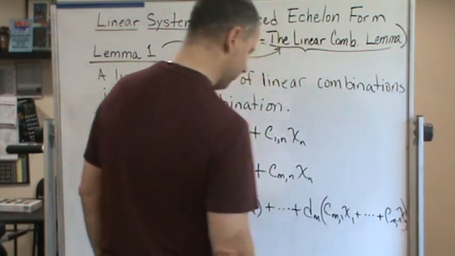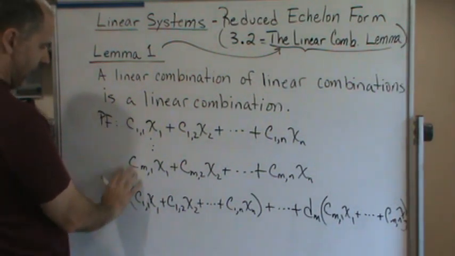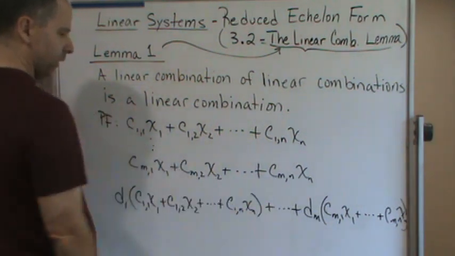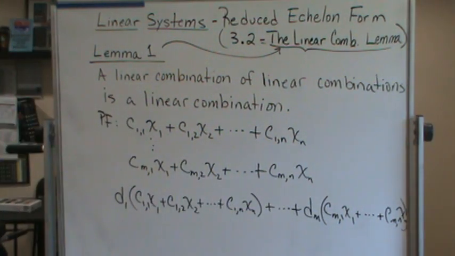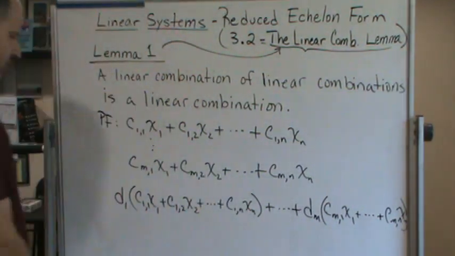Sorry about my writing. So all we did was take the m linear combinations and create a linear combination of those. And D is also a scalar, that's a scalar as well.